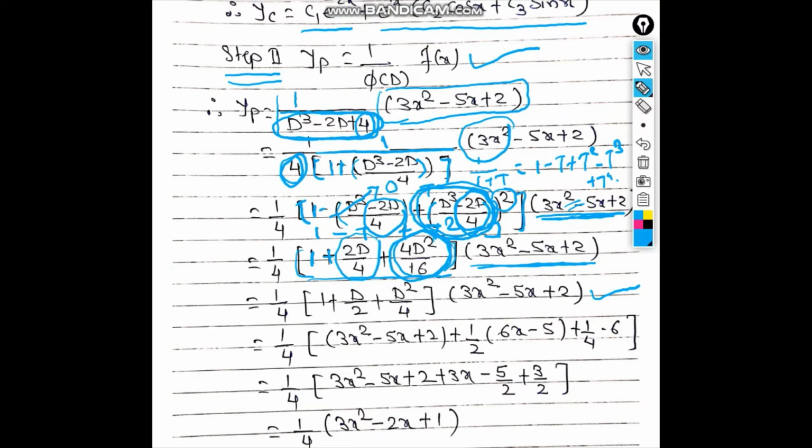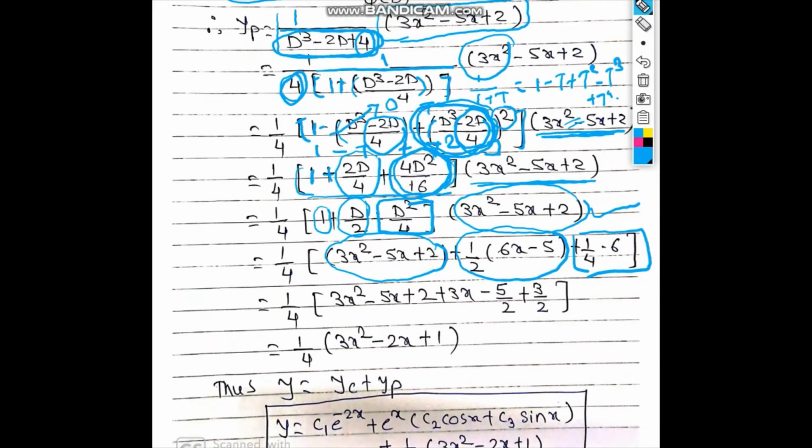Now the last step, the simple thing that is left. When we apply this on this bracket, the bracket remains as it is, this is 1 into that bracket. Next, d by 2 of the bracket is here. And lastly, this d square by 4 is the second derivative of the bracket.